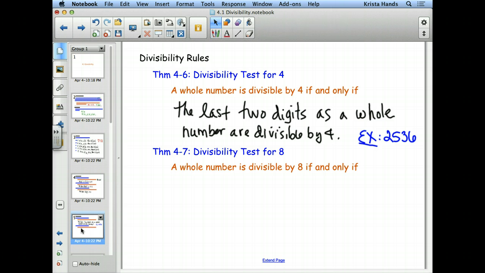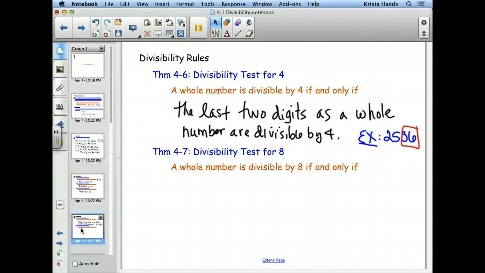Whatever the expansive number is, you only look at the last 2 digits, and you take them exactly as they are. This is the number 36. Is 36 divisible by 4? On this one, the answer is yes. If the last 2 digits as a complete number in and of themselves are divisible by 4, then the whole value is divisible by 4. Does that make sense?